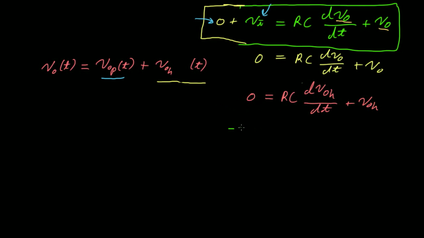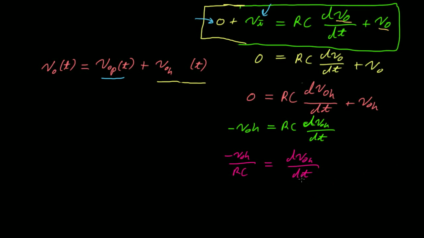So I'll get minus VOH is equal to RC d VOH by dt. Now I'm going to divide both sides by RC. So I get minus VOH divided by RC is equal to d VOH by dt.